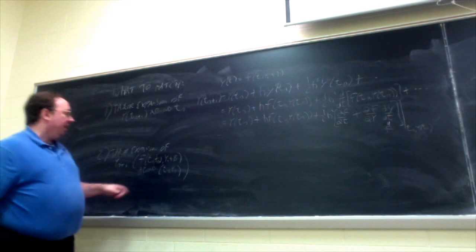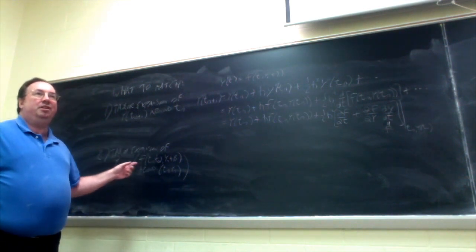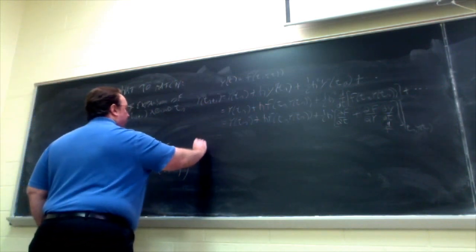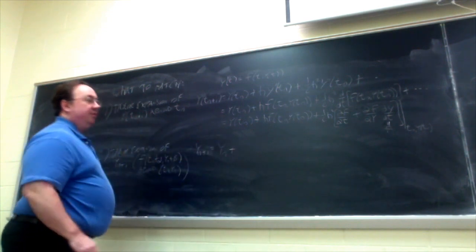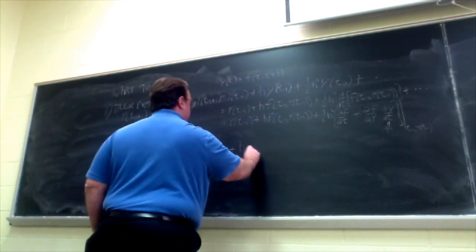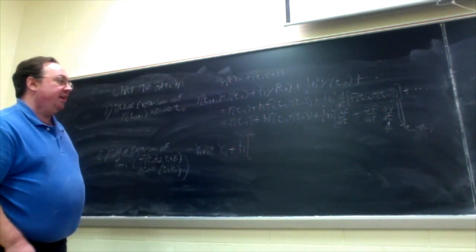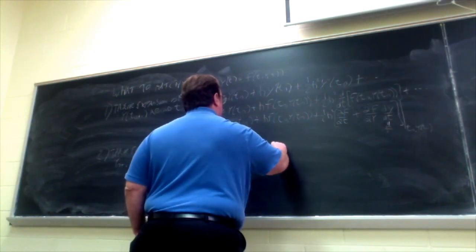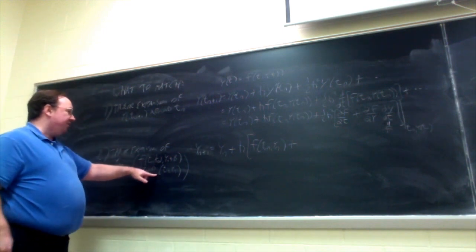So this here is a multivariable Taylor expansion. What I'm going to have is yn plus 1 is equal to yn plus h, and then f of Tn, yn as my first term in the expansion of this.